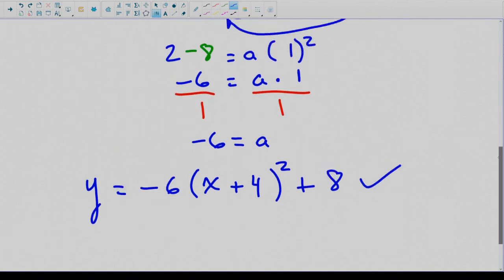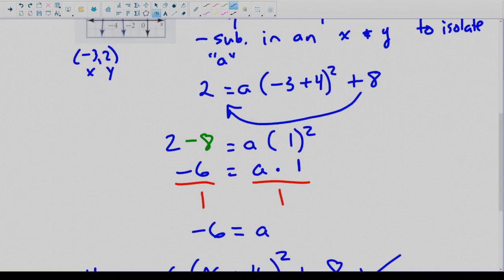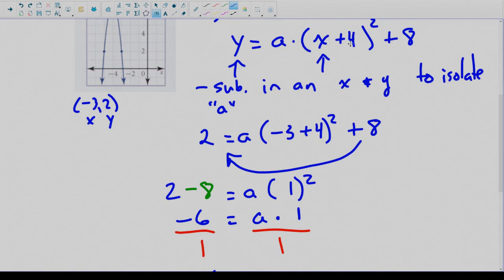So to recap this question a little bit, you have to sub in the vertex numbers into your h and k, making sure that your vertex h value is the opposite sign of what it is on the graph. Okay. Then you have to substitute in another x and y point for x and y in the equation, right here and here, which I did here.